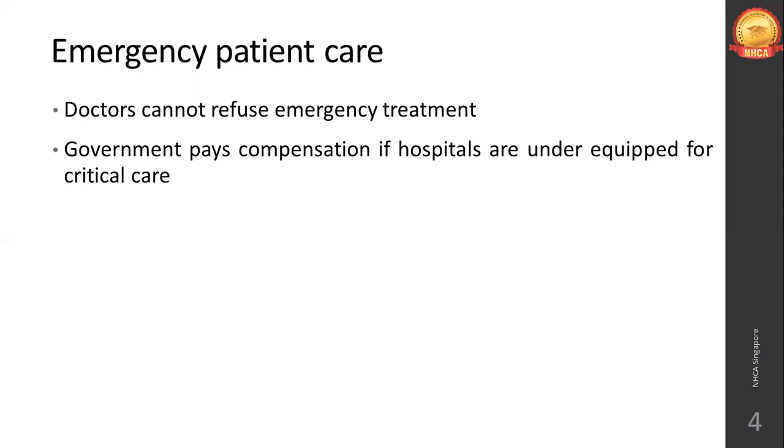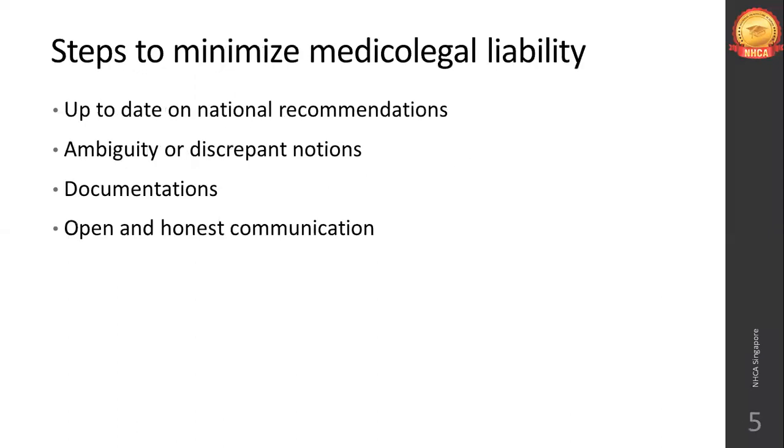If they are not well equipped with critical care equipment, machinery, and faculties, it means the government has to pay the compensation for any lapses that have taken place. So this is about the emergency patient care law.